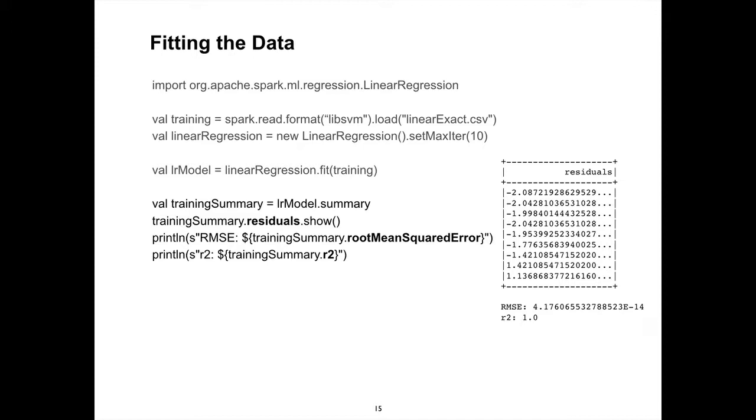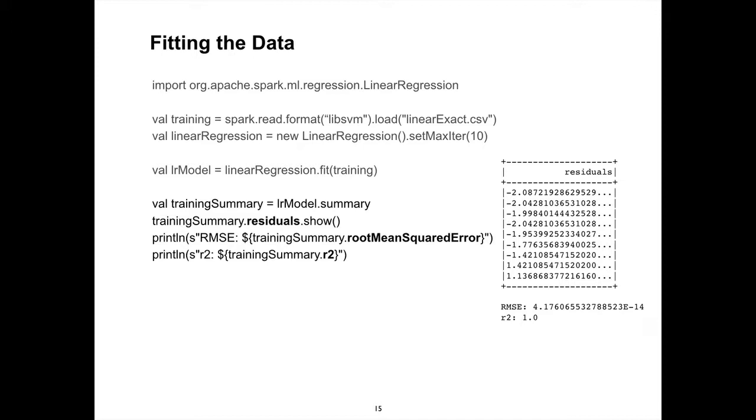And again, that's very small, but you'd expect that because this is a straight line. And we can also get R2, which is basically Pearson's correlation coefficient squared. When we start adding more independent variables, what R squared is changes a little bit.